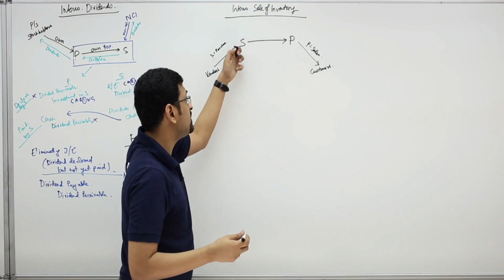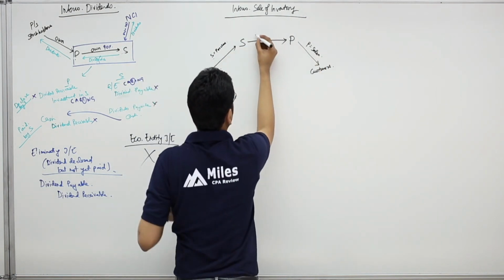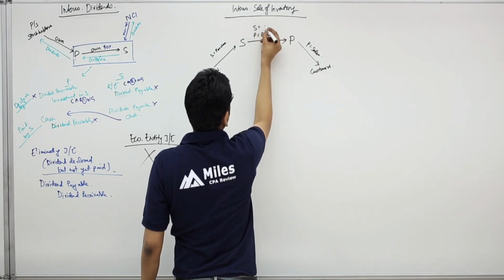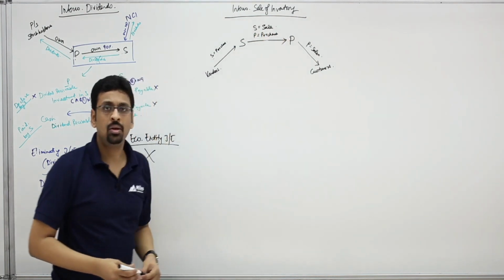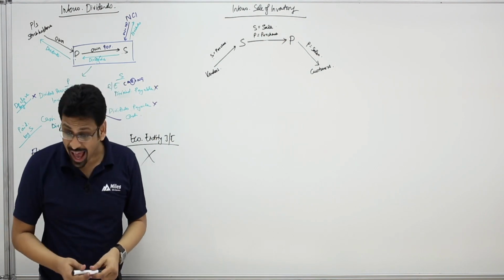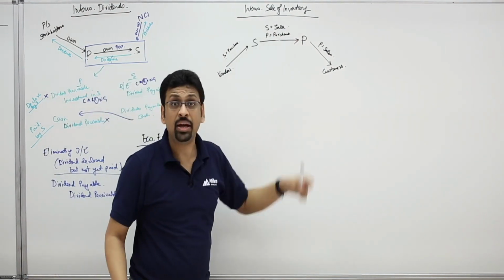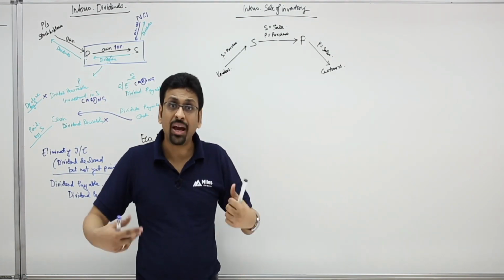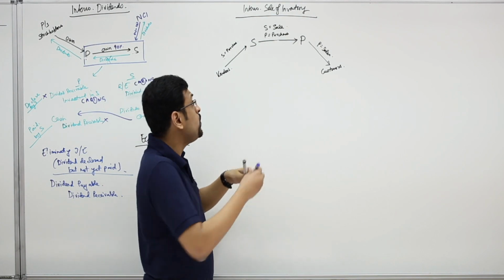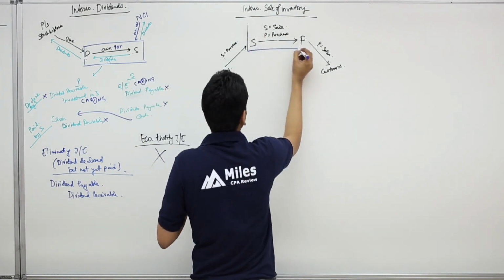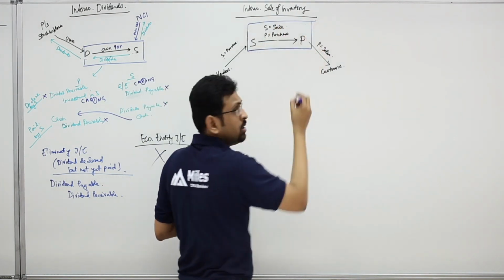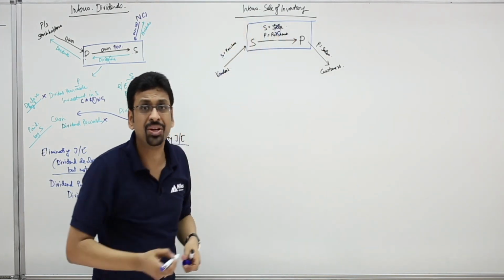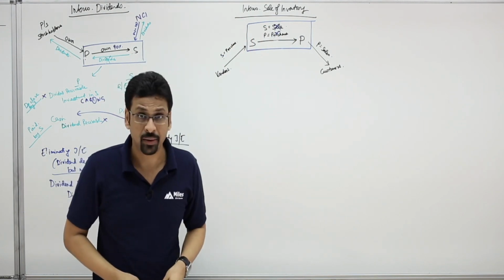Now, when this transaction is happening, for the parent, it's a purchase. For the sub, it's a sale. So far, so good, as long as the sub and the parent are two different entities. But at year end, when we are consolidating these two entities, we are saying they are one economic entity. And within the entity, you cannot have this sale, you cannot have this purchase, it needs to be eliminated.